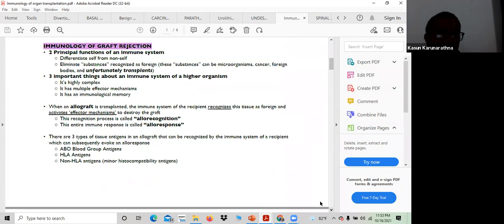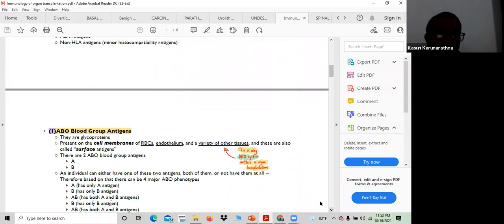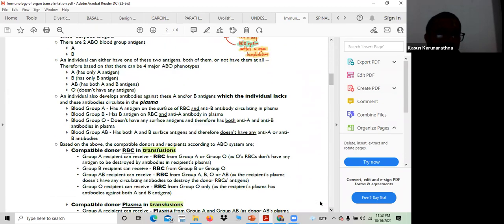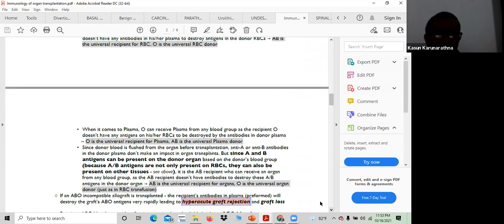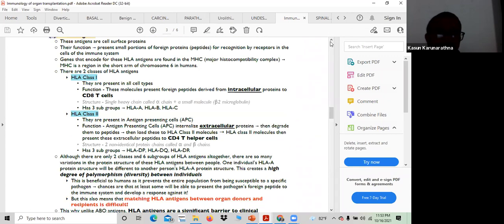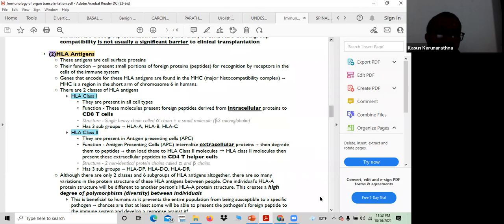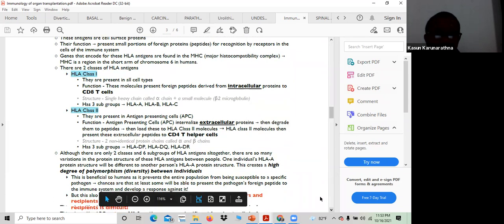And you need both ABO compatibility and HLA compatibility, right?